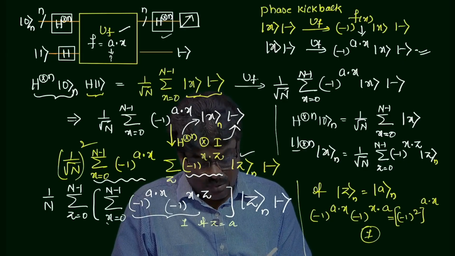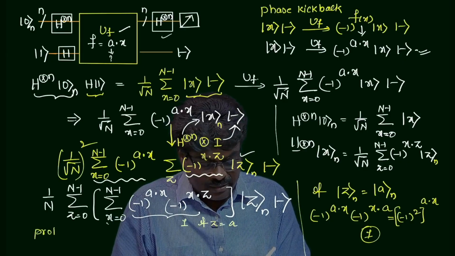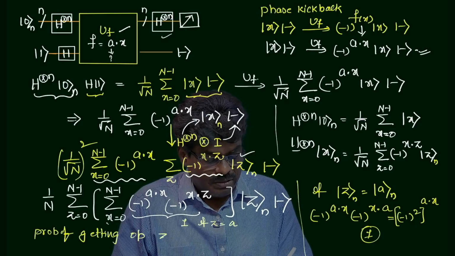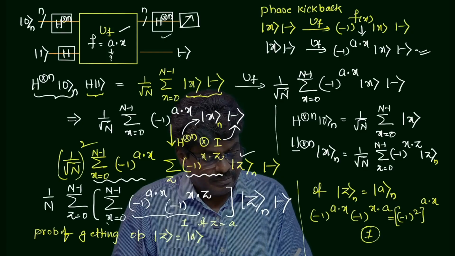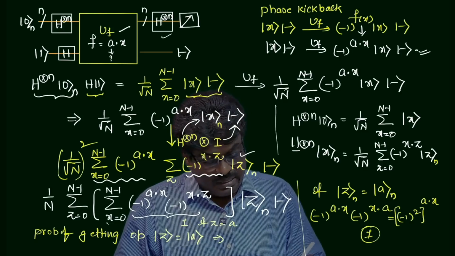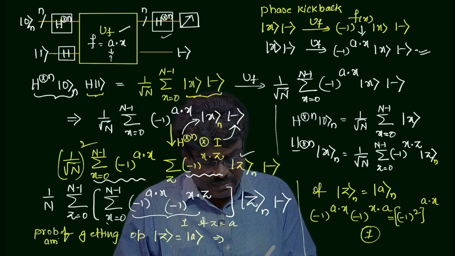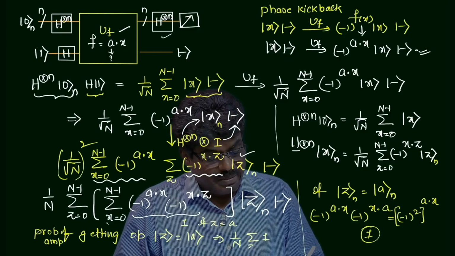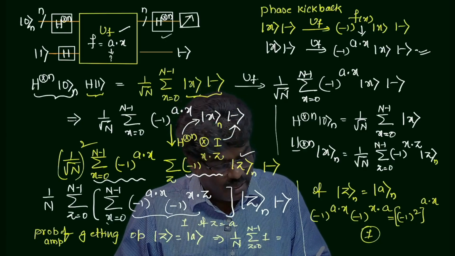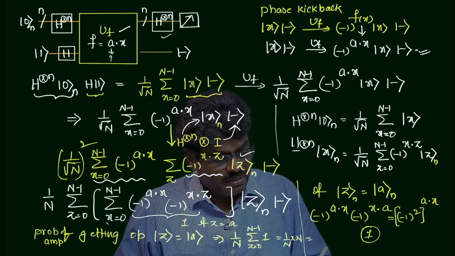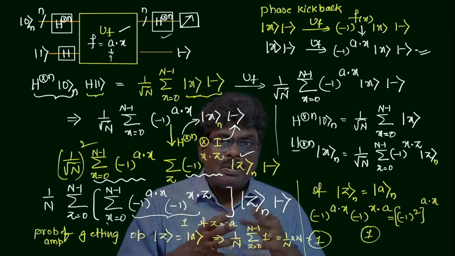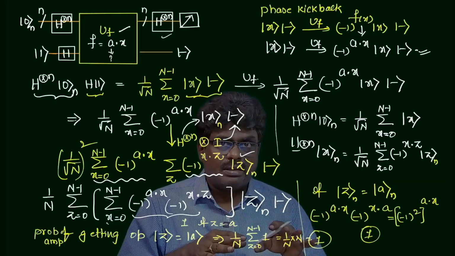Now I am going to find the probability of getting output z equal to a. So this is the probability amplitude I am finding, of course. That is 1 by N summation 1, and the summation is from 0 to N minus 1. So this is nothing but 1 by N into N, which is nothing but 1. So finally the probability of finding output z equal to a is nothing but 1.